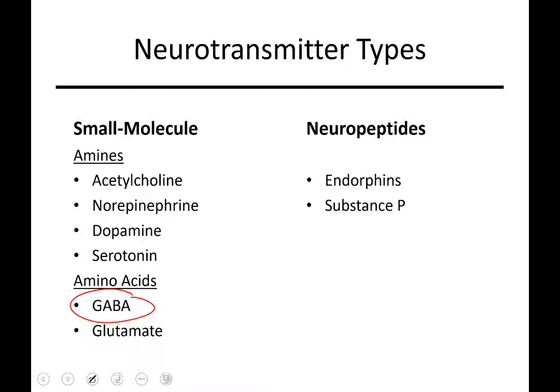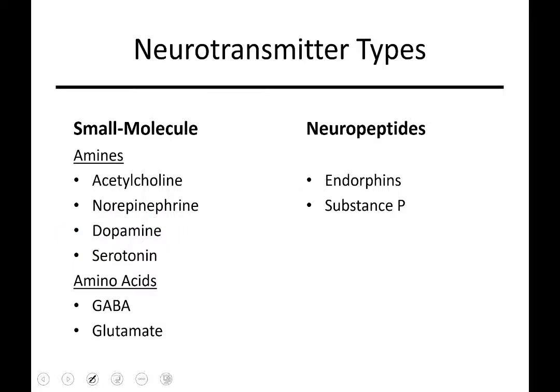GABA also has some motor function, as well as dopamine. We'll talk about dopamine next. But GABA's motor function, if you have alcohol, will impair your responsiveness and affect motor function. Dopamine is one of your feel-good neurotransmitters, but it's mostly associated with satisfaction. So ADHD is the pathology associated with dopamine.